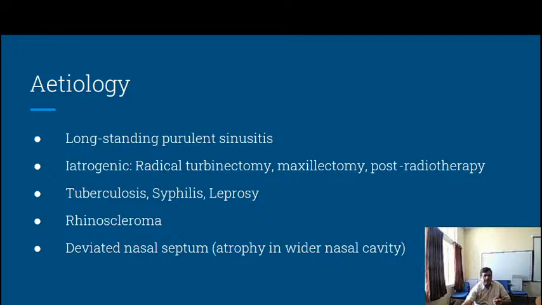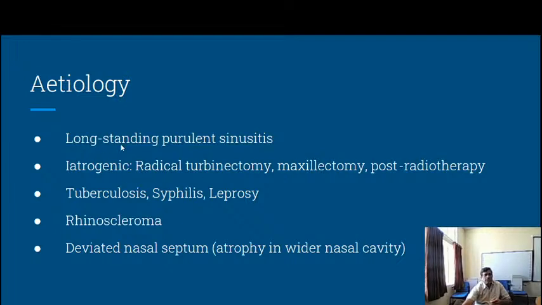So this is what it is: long-standing purulent sinusitis infections, iatrogenic turbinectomy, maxillectomy, post radiotherapy, and conditions we have seen: tuberculosis, syphilis, leprosy, and rhinoscleroma, and gross deviation of the nasal septum with a wider nasal cavity on one side.